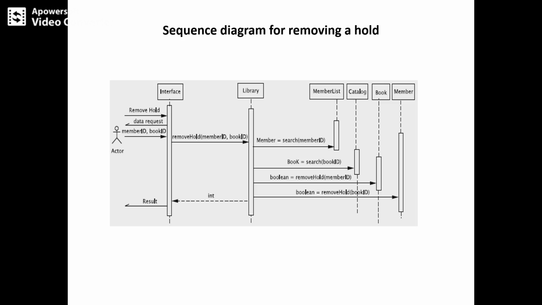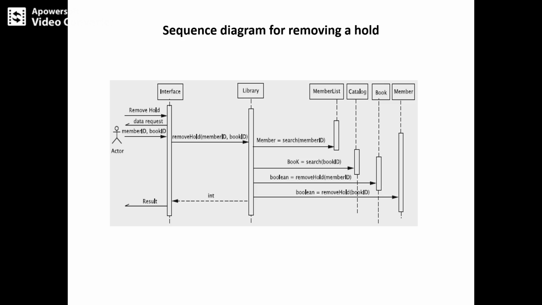In that, member equals search member ID in the member list class. Book equals search book ID, which is a must, because in the catalog we need to check it. Then followed by a boolean, whether they are removing the hold, somebody who has the hold, that we need to remove.